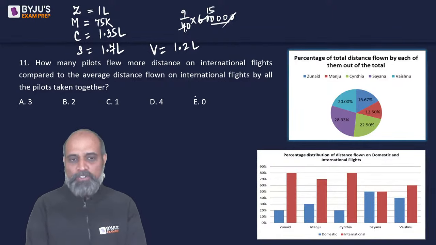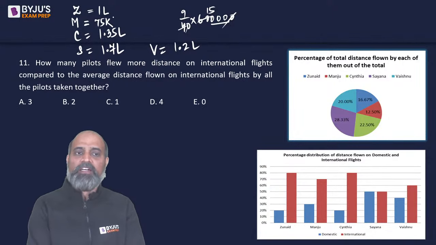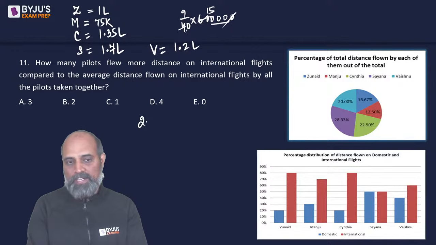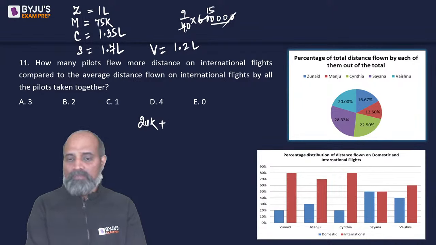Now if you talk about domestic, कितना हुआ है? तो जुनैद ने डोमेस्टिक कितना करा है? 20% of 1 lakh, that is 20,000. प्लस मंजू ने कितना करा है? 30% of 75,000, which is 22.5 thousand. Okay. What about Cynthia?